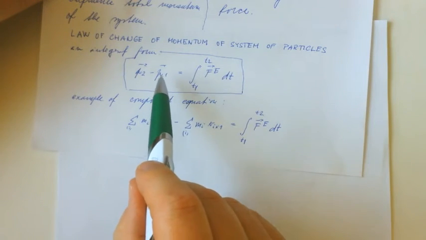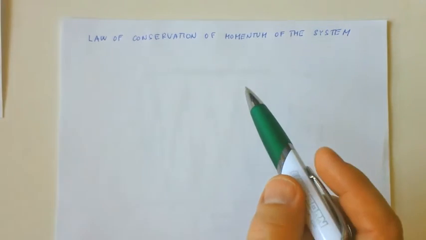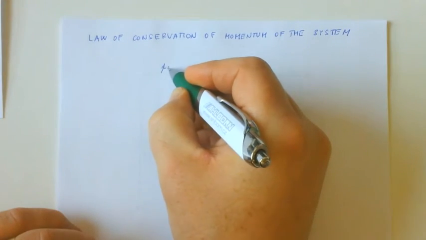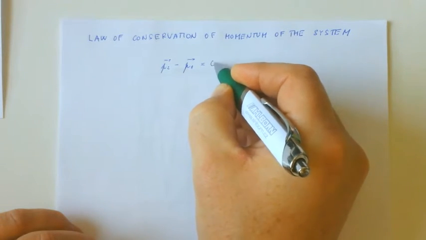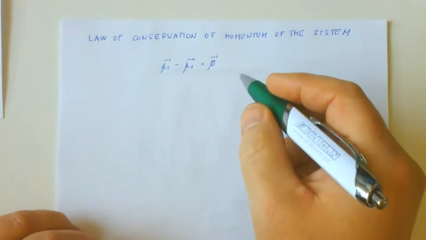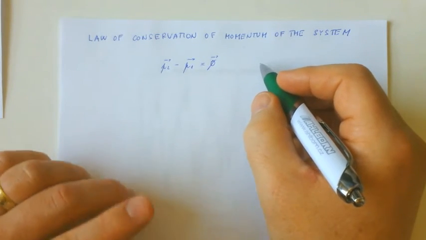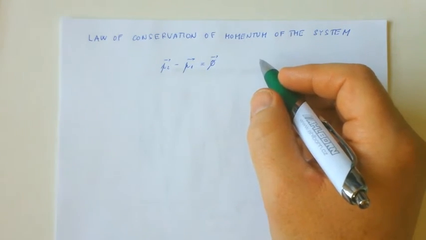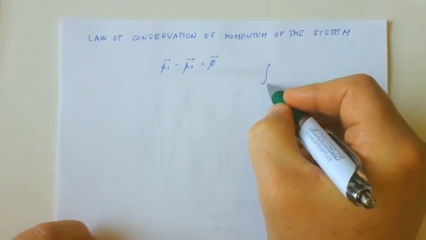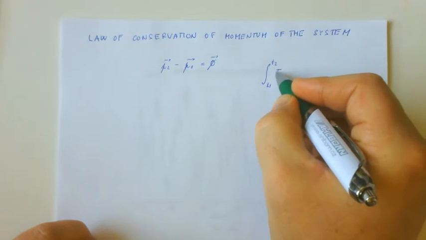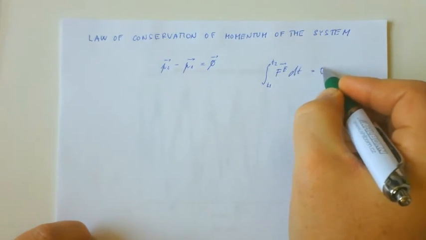So when P1 is equal to P2, so when P2 minus P1 is equal to 0, under the condition that the right side of the equation I showed you before is equal to 0, it means that this integral must be equal to 0.